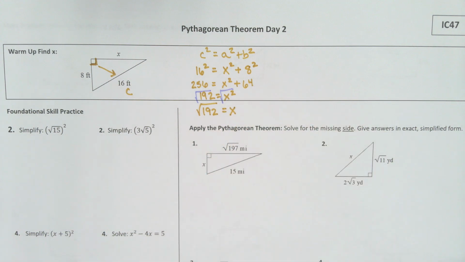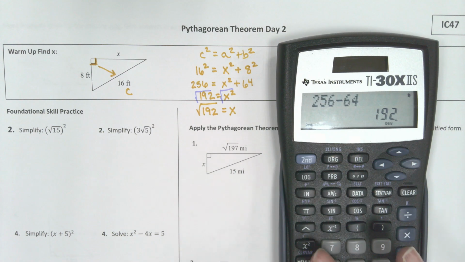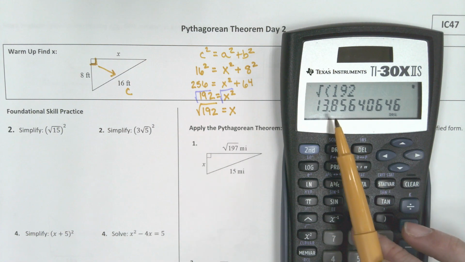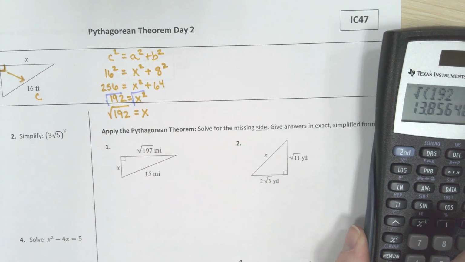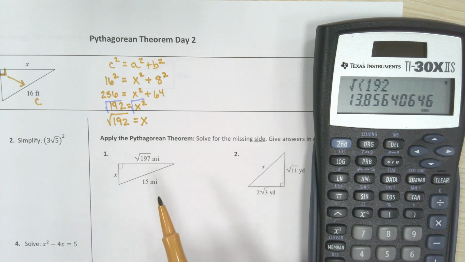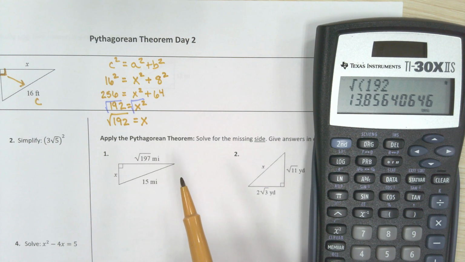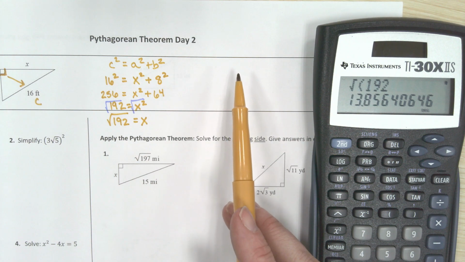But as we saw yesterday, sometimes square roots can be simplified. So if we head to our calculator and we try to square root 192, it's not a perfect square, so that gives us a decimal answer, which means we need to switch over to one of our methods, either factor trees, factor tables, perfect square method, whatever you choose, to figure out if we can simplify root 192 at all.